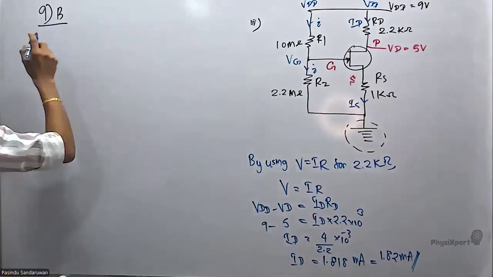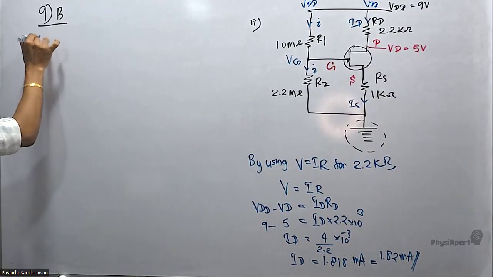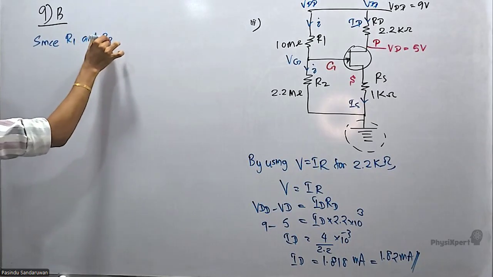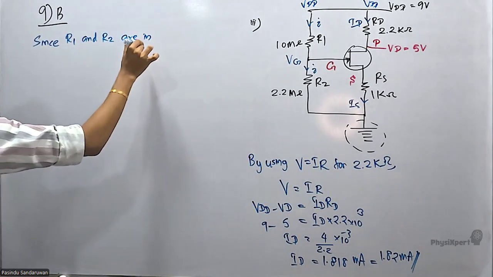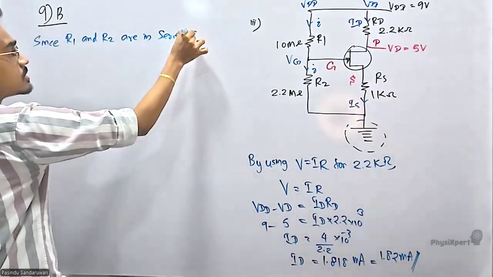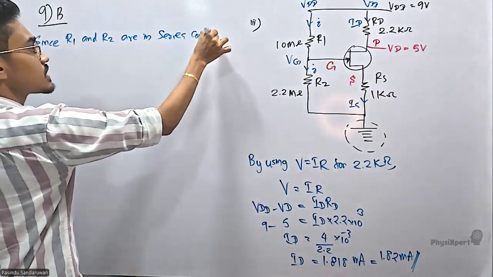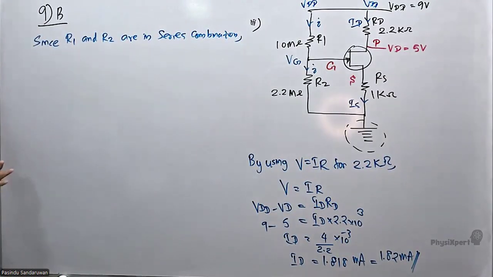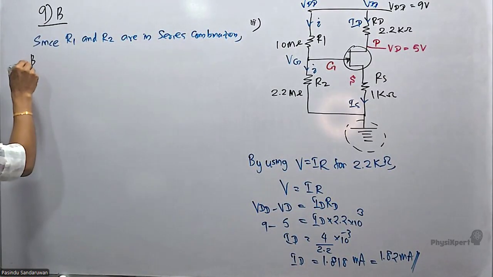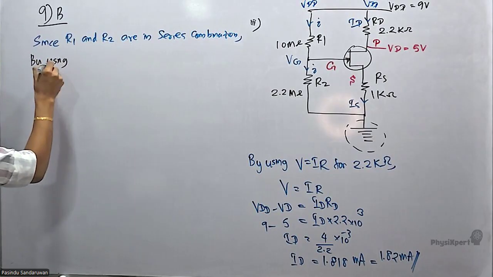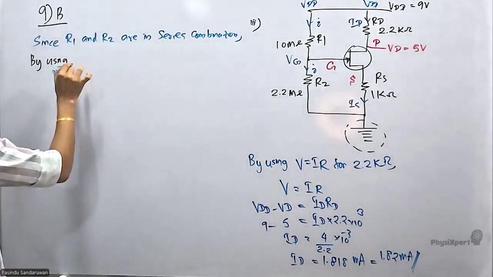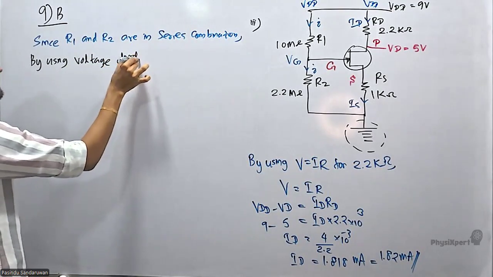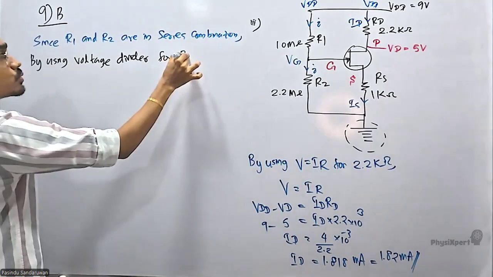So the argument is, since R1 and R2 are in series combination, using voltage divider, or potential divider, for R2.